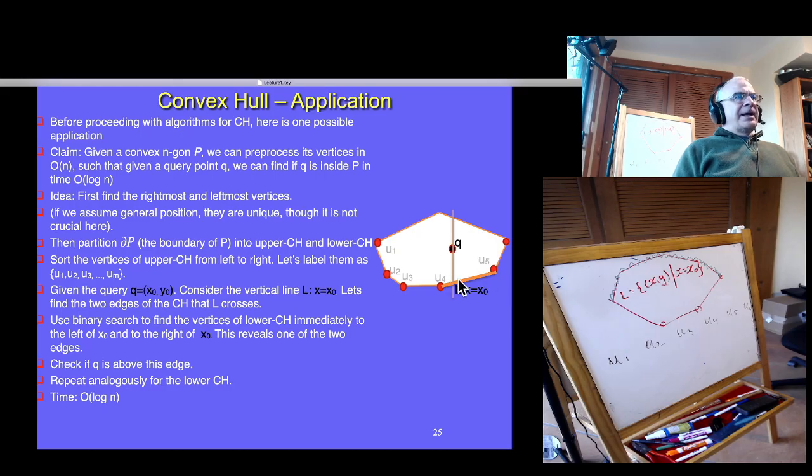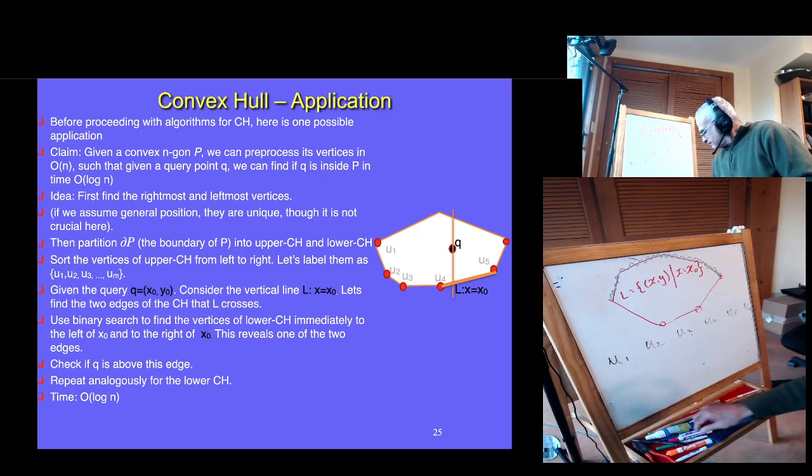I can ask, hey Q, are you above this edge or below this edge? How do I answer above or below? Once again, performing my funny formula as before that tells me, if I'm going from U4 to Q to U5, did I turn clockwise or did I turn counterclockwise? Right?